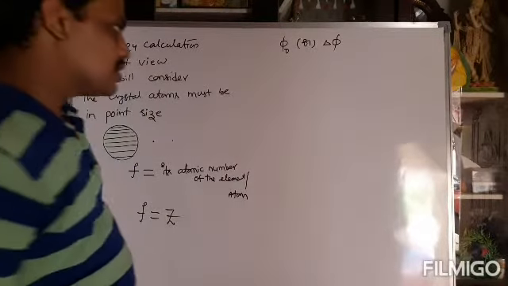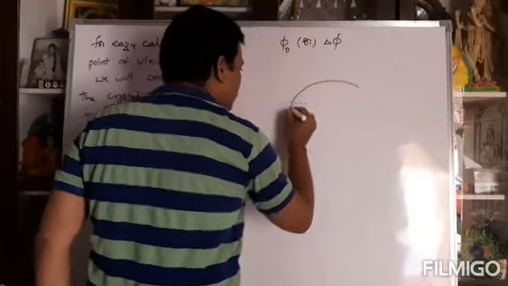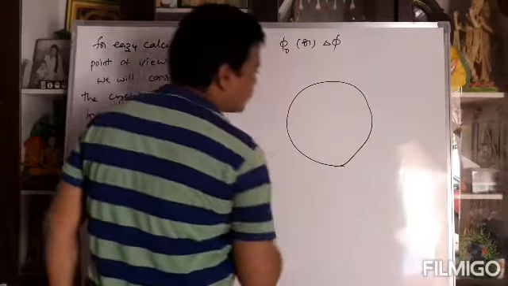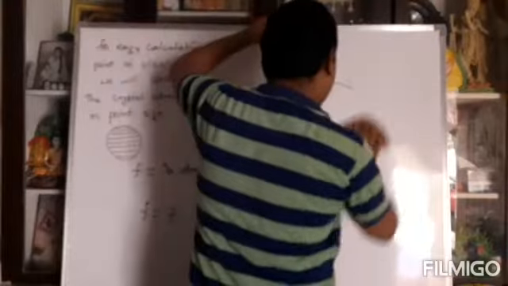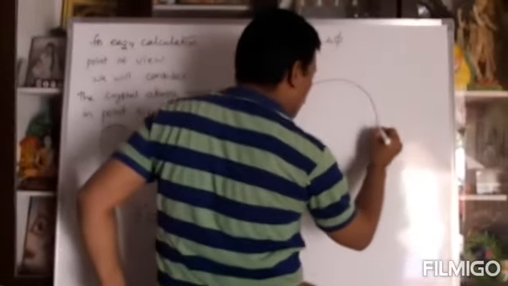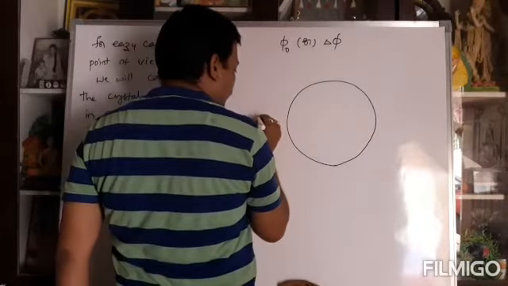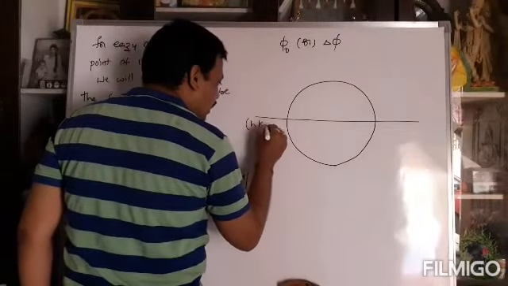For this case, I am considering one crystal like this. This is the crystal, so clearly you can draw it. I am taking one lattice plane, which is represented by HKL.